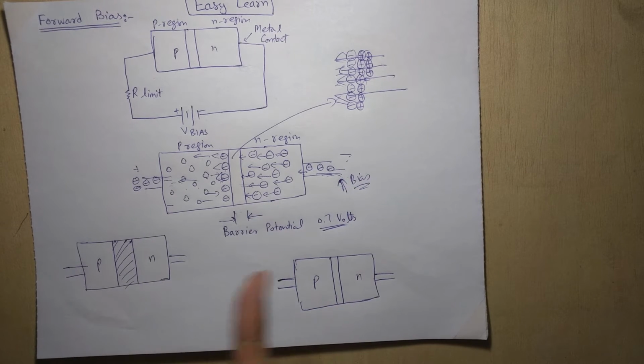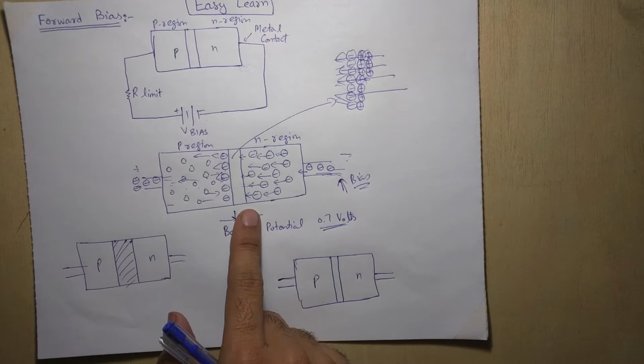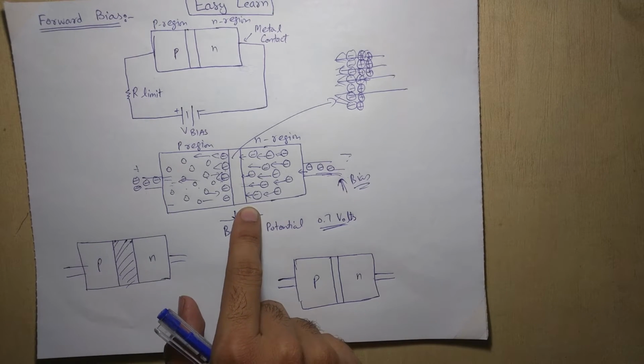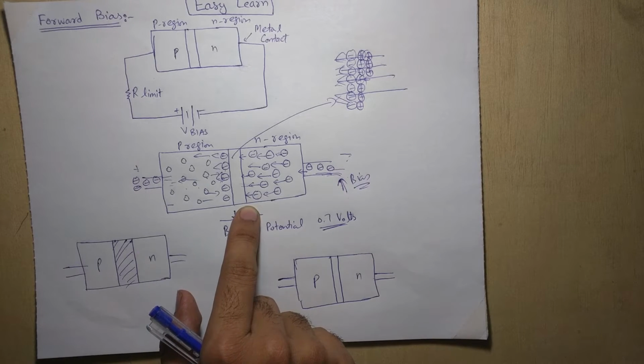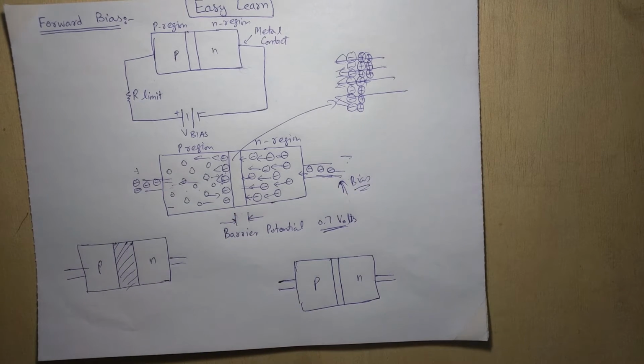Even the holes effectively flow into the depletion region. Holes also move into the depletion region, and they reduce the electrons. When the holes move into the depletion region, the number of negative ions also reduces. So both things are reduced.